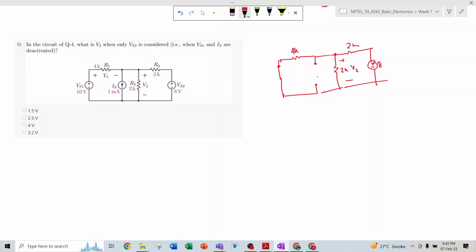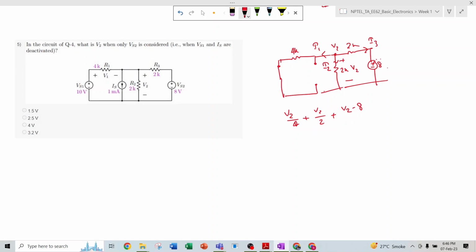We apply the KCL on this node. The current flowing in this direction, there are no sources there, so here it has the potential V2, so V2 by 4, plus the current flowing through this I2, V2 by 2, plus the current flowing on this side, considered as I3, that will be V2 minus 8, because there is a positive source here, that is the net voltage applied and that will flow this side.